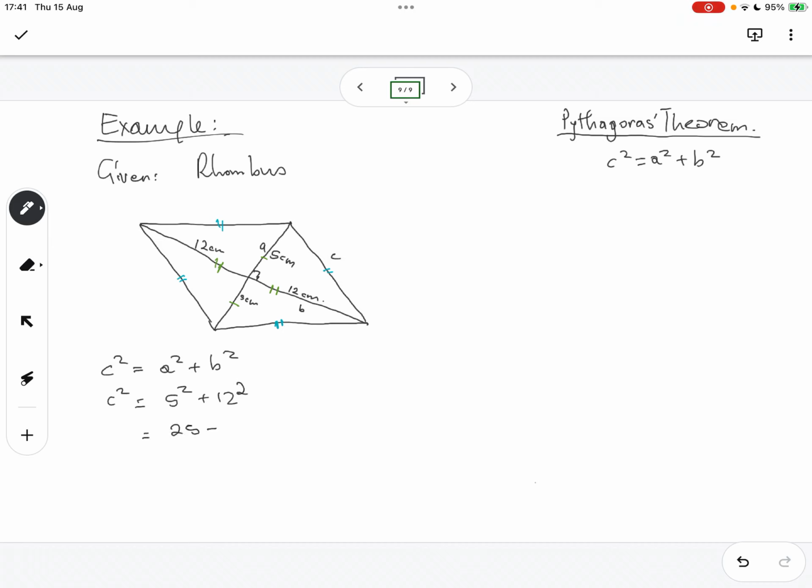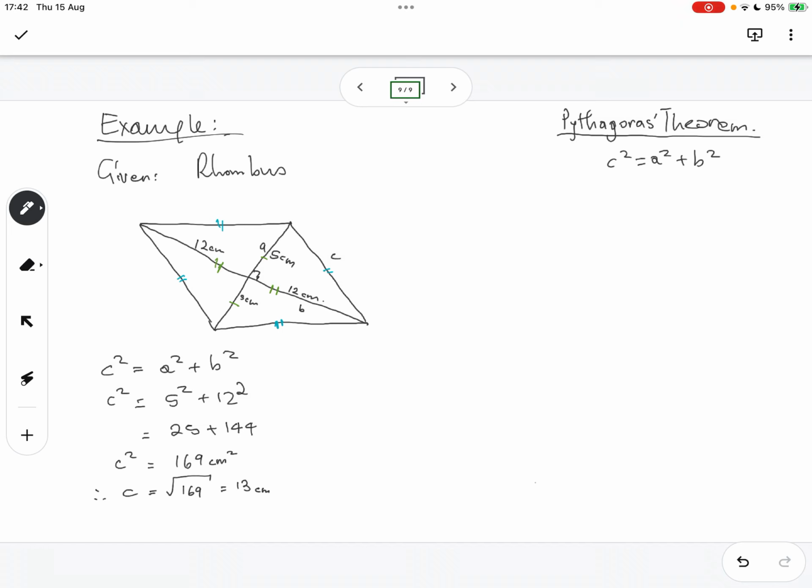That's 25 plus 144, so c squared is 169. Therefore, c would be the square root of 169, which is 13 centimeters. Right? This here is square centimeters, just by the way, because we squared everything.